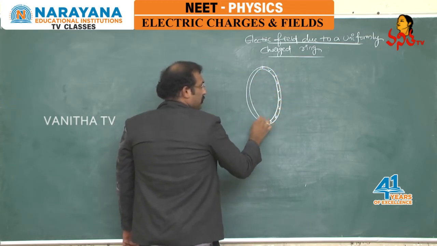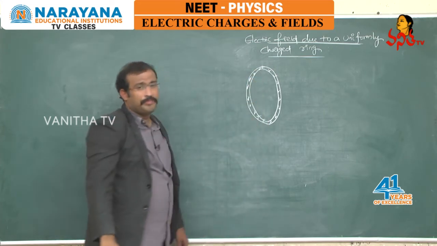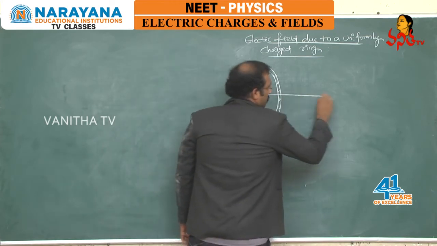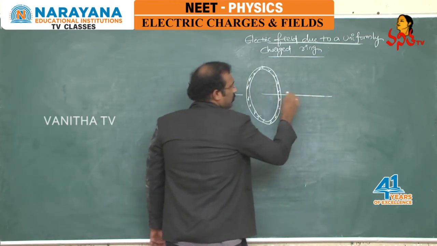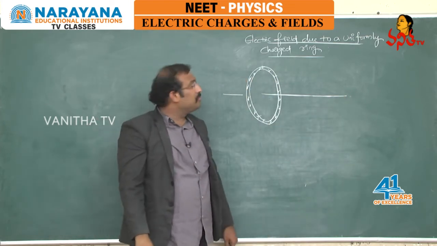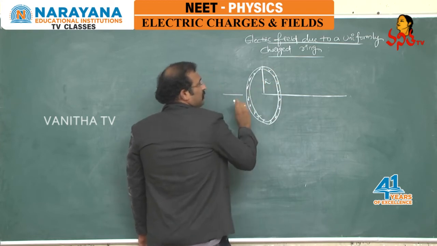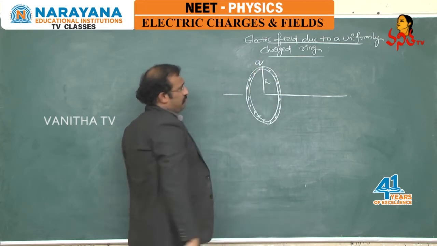It's very comfortable when we go with a positively charged body. Draw an axis for it. Now let the radius of the ring be r, and let the charge upon it be q.